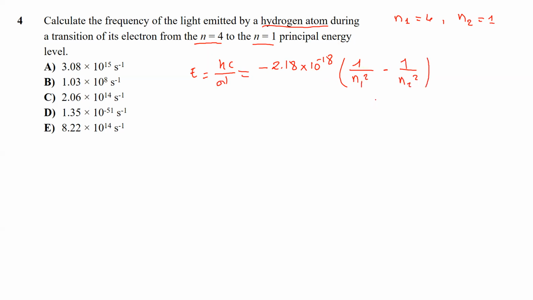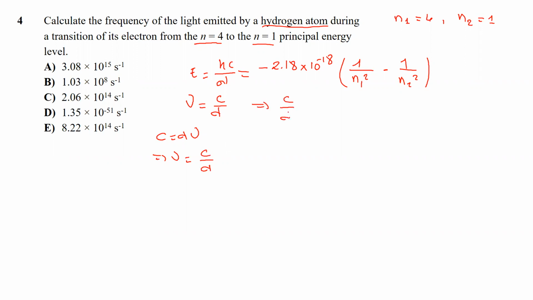And here what is asked is the frequency. We know that nu equals c over lambda, coming from c equals lambda nu. So we can get it directly from this formula.